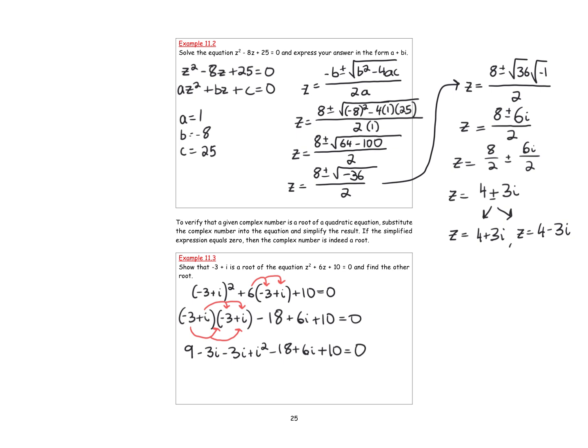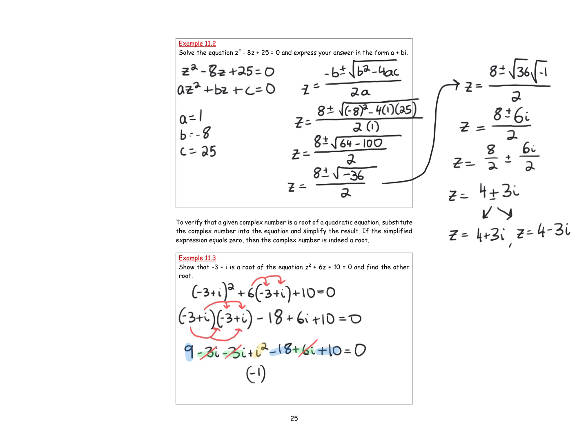Underlining like terms, I have 9, -18 and plus 10. I have minus 3i, minus 3i and plus 6i, and I have i squared. I know that i squared is equal to minus 1, so I'll replace the i squared with minus 1. I have minus 3i minus 3i, which is minus 6i, and then plus 6i, that will give us 0.